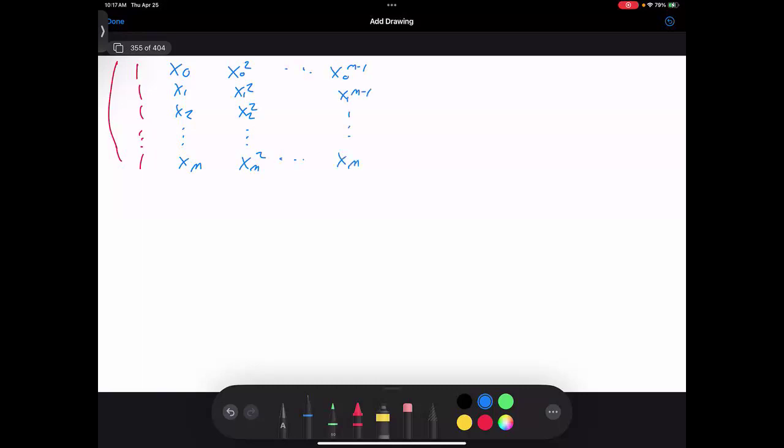I'm just rewriting the matrix because it doesn't want to copy. So here is the matrix. And we know that the determinant is some constant times the product over 0 less than or equal to j less than i less than or equal to m minus 1 of xi minus xj. All we have to do is find one choice of the x's where we can evaluate this, and then we can get the constant.